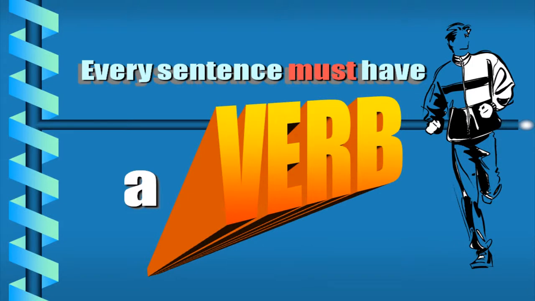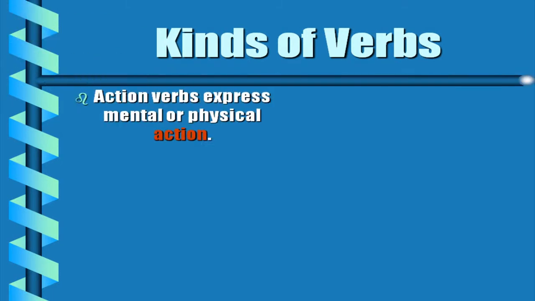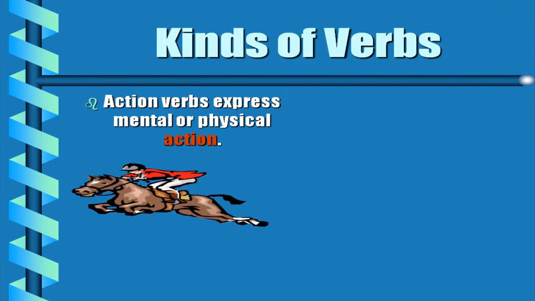Every sentence must have a verb. Verbs vary by type and each type is determined by the kinds of words that follow it and the relationship those words have with the verb itself. The verbs can be classified into 2 kinds: action verbs, linking verbs.